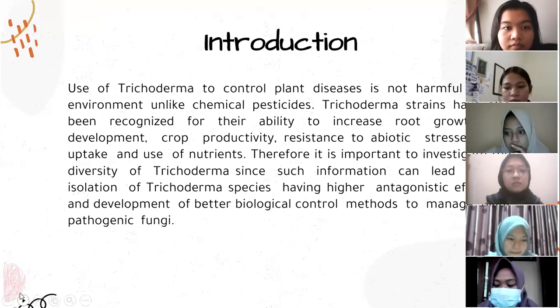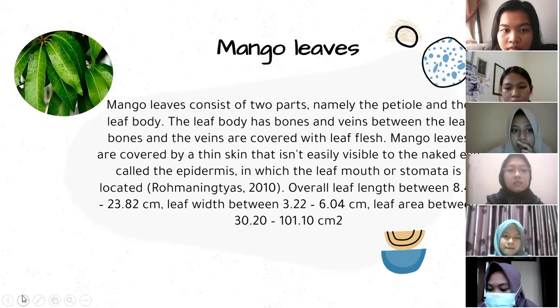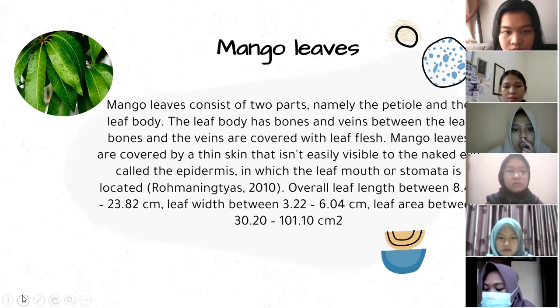Mango leaves consist of two parts, namely the petiole and the leaf body. The leaf body has buds and veins between the leaf buds, and the veins are covered with leaflets. Mango leaves are covered by a thin skin that isn't easily visible to the naked eye, called the epidermis, in which the stomata are located.